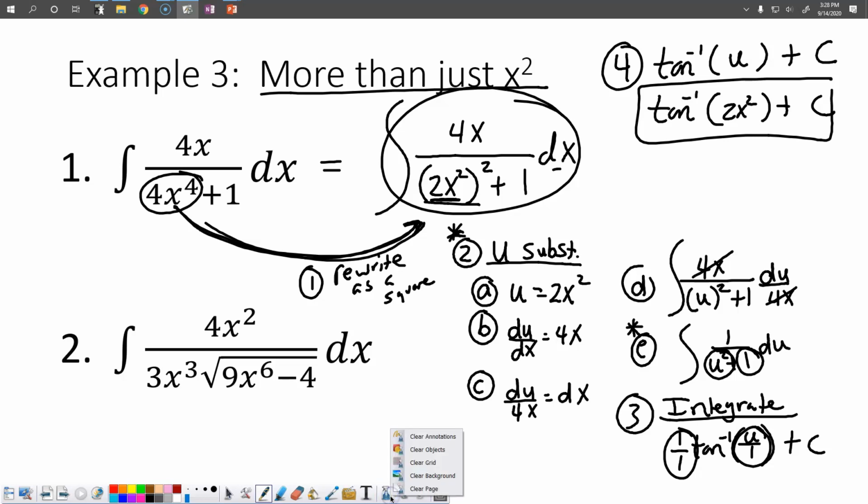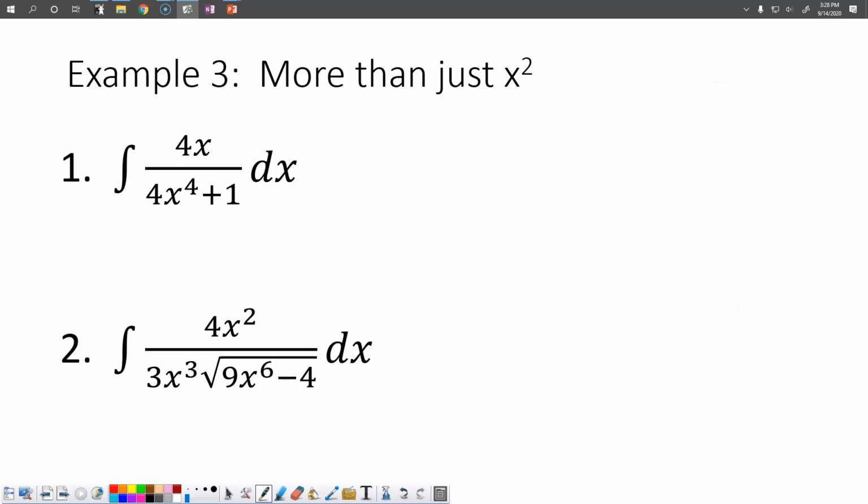Okay? Let's do another one. All right. So for this one, let's take a look at it and see what we can do. Which one would I want to change? Which one do I not like right now? Well, the one that's in here is the one that I want to change, because remember, the one under the square root is the one that I want to be a square, right?